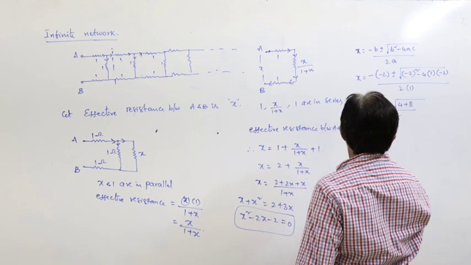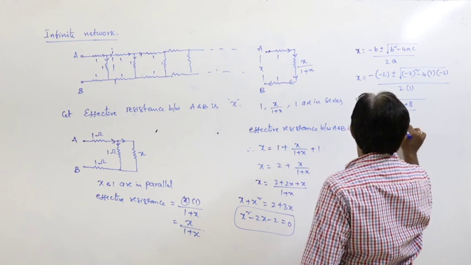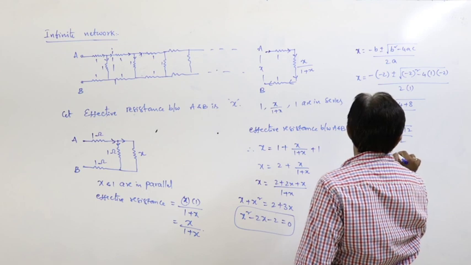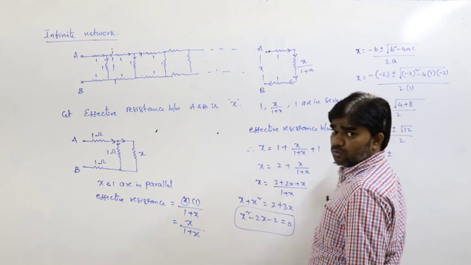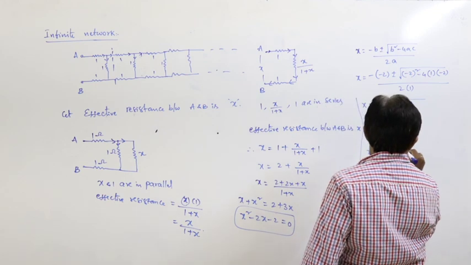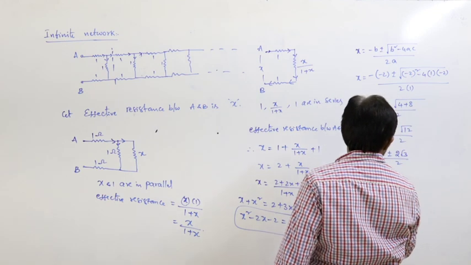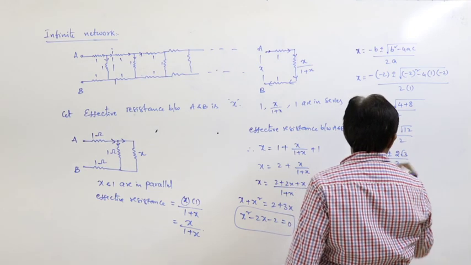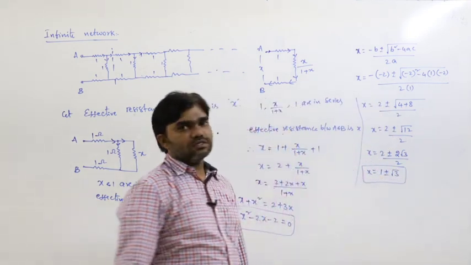So x is equal to 2 plus or minus root 12 by 2. Root 12 can be written as 2 root 3, so that is 1 plus or minus root 3. So that is the effective resistance x.